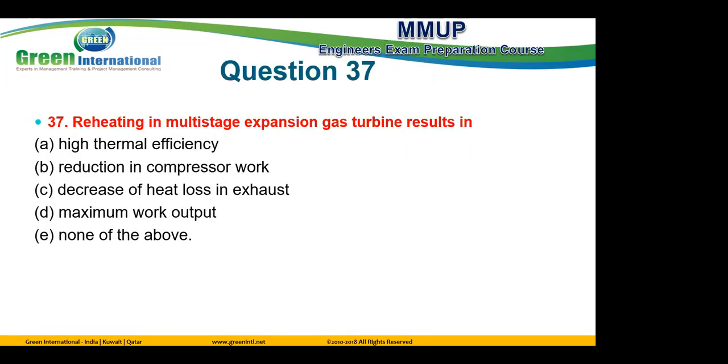Reheating in multi-stage expansion gas turbine. Reheat means we divide the turbine into stages. After expansion in the first stage of the turbine, we take the output and reheat it with the output of the combustion chamber to heat up the temperature, going to the second stage of the turbine. So you obtain more work output from the turbine because you increase the temperature again.